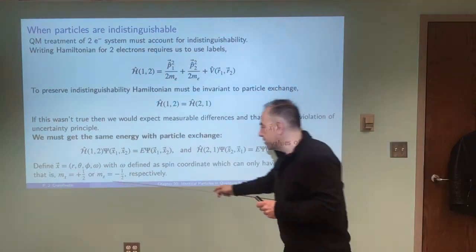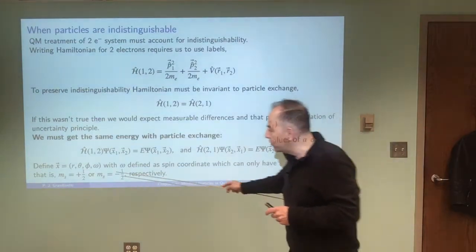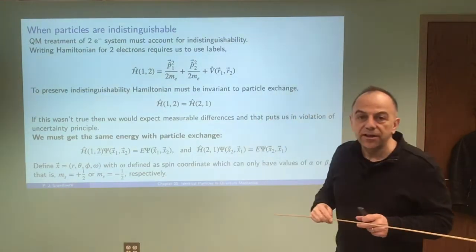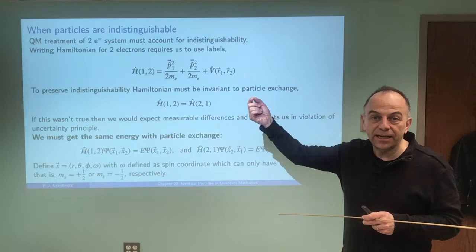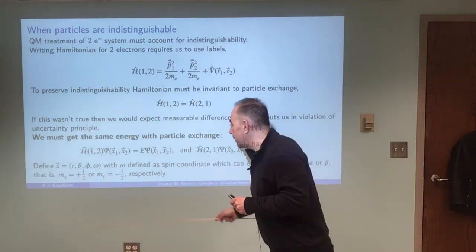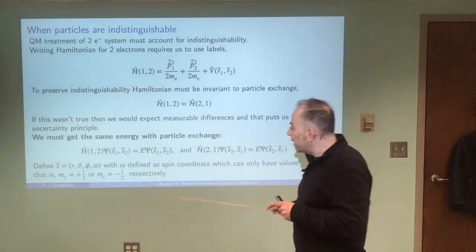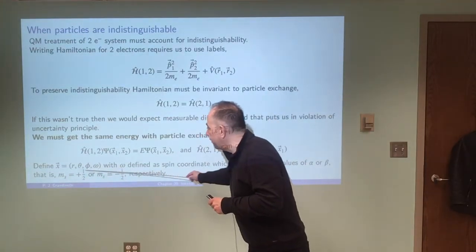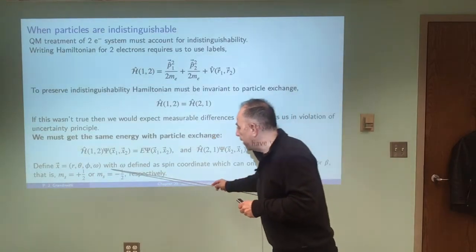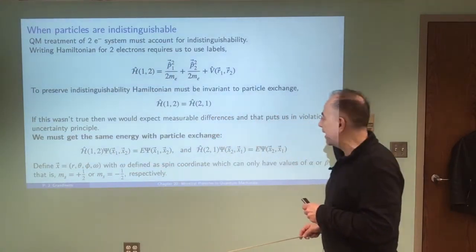I could use spherical coordinates, or I can use Cartesian coordinates. It doesn't really matter, but I do need to include the spin state to fully specify where the electron is and what its orientation is for its quantum number associated with the spin. So this x then is going to be four coordinates, four components when I describe the coordinate vector.